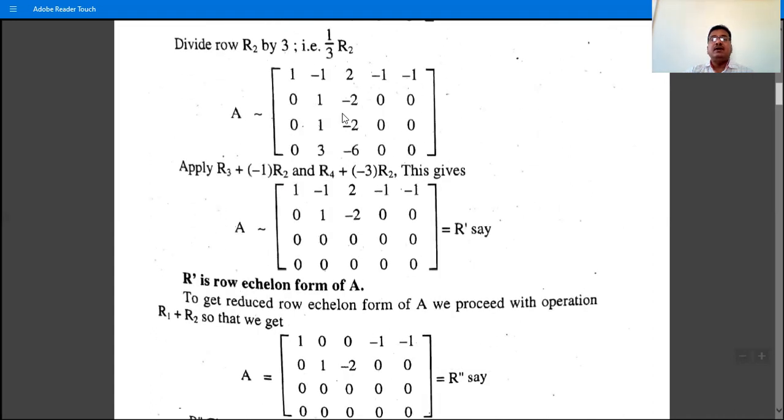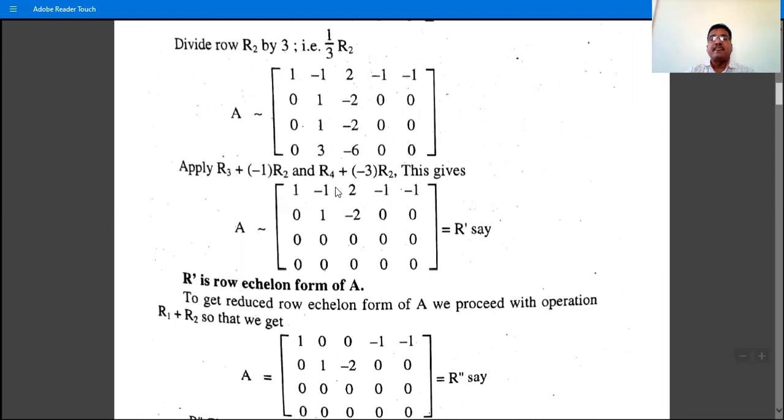Then we have to reduce this element 1 and 3 to 0 by using this leading 1. The operation is R3 minus R2, or multiply the second row by -1 and add in the third row. So R3 plus -1 R2.